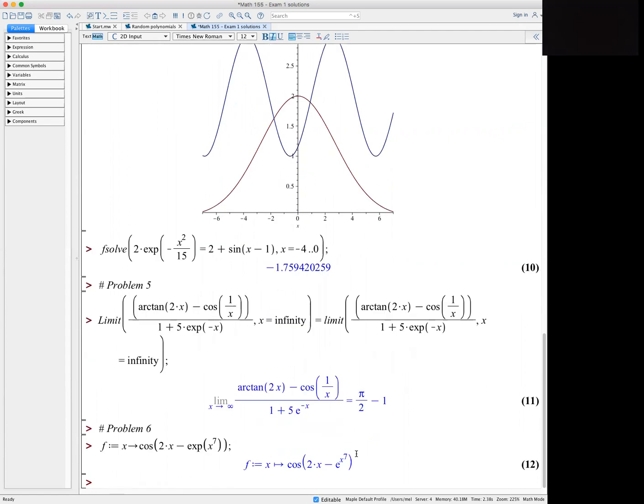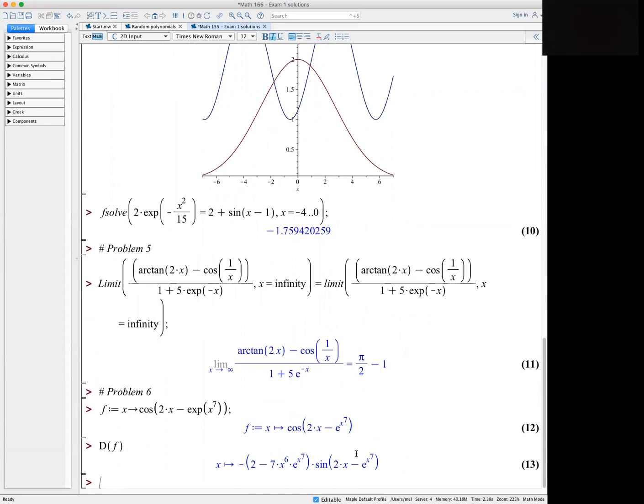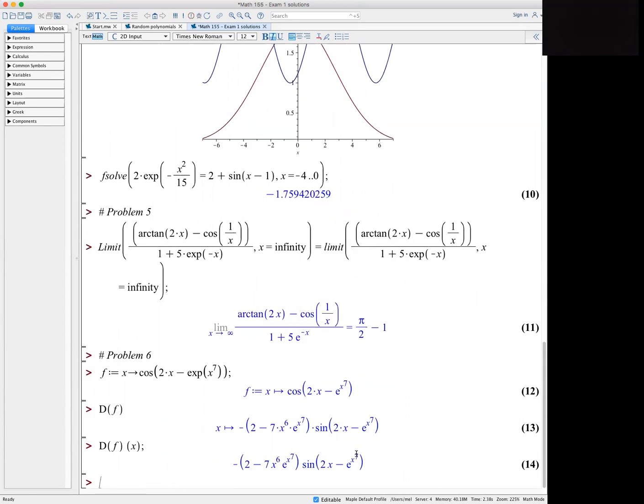Okay, that's my function. Cosine of 2x minus e to the x to the 7th. And the derivative of f is that function. Or if I evaluate it at x, it's that. Same thing. Nothing easier than finding the derivative of a function in Maple.